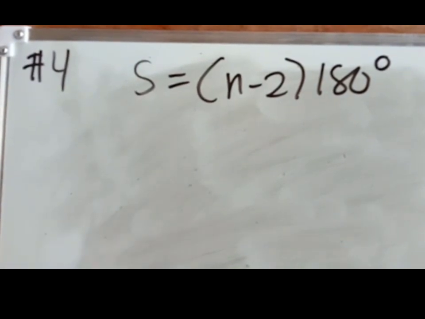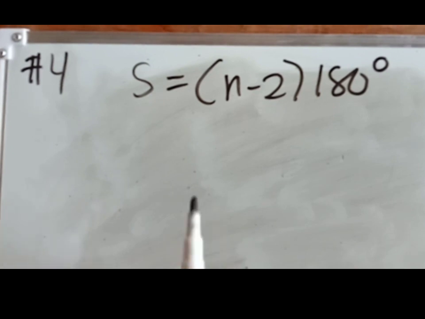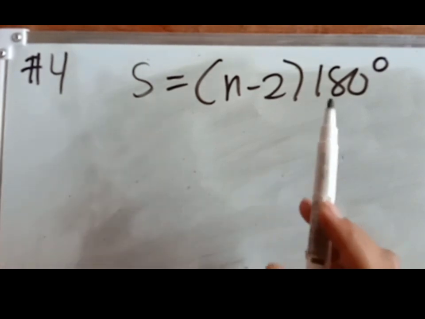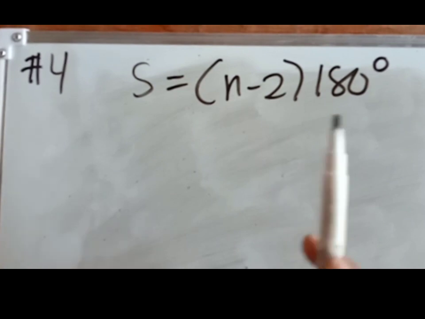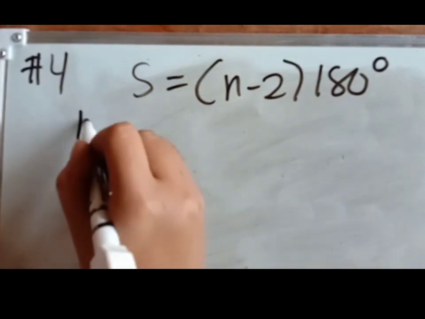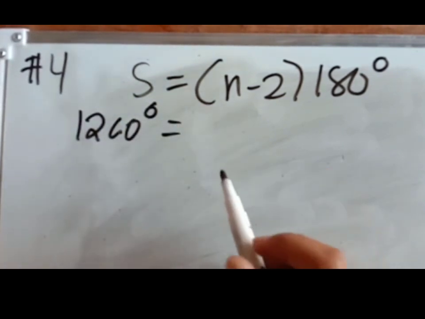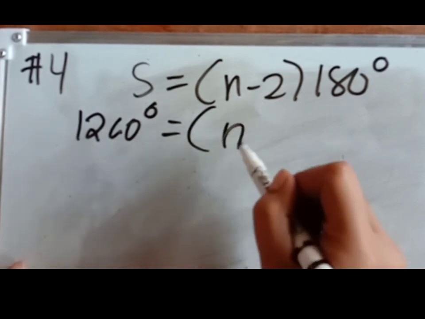Since the sum of the interior angles of the polygon is already given, we will put the 1260 degrees in the place of S. So 1260 degrees is equal to, our n is unknown.